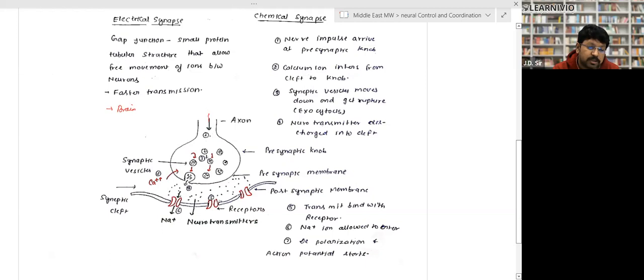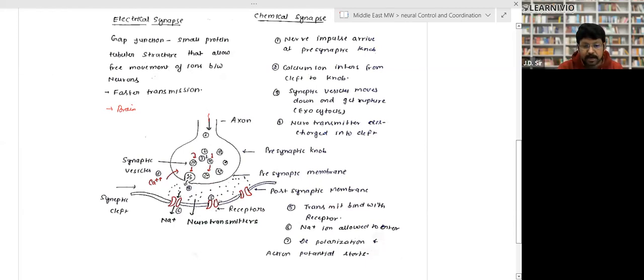Second step, calcium ion starts coming inside from the outer part of the synaptic cleft. When calcium ion comes inside, the vesicles start moving downward. Third, the vesicle moves downward and causes exocytosis. Fourth, due to exocytosis, the neurotransmitter is discharged into the cleft. Fifth, the neurotransmitter binds to the receptor.